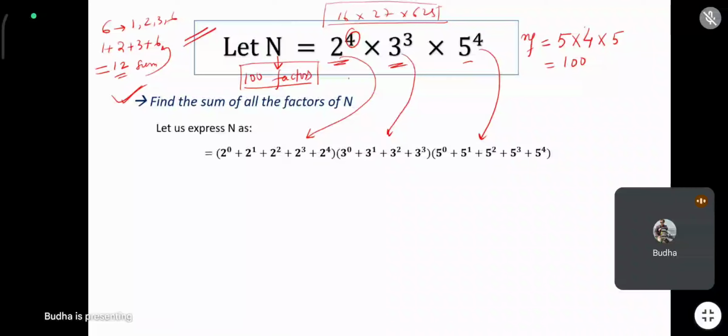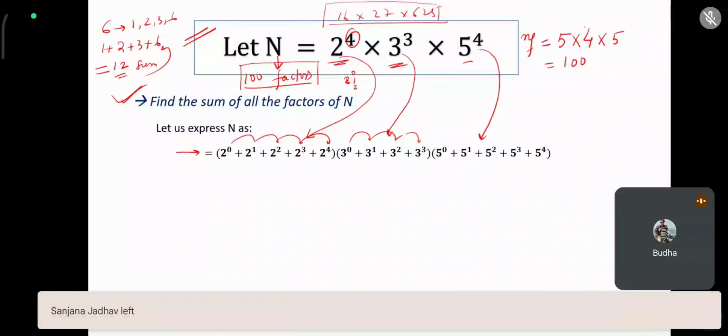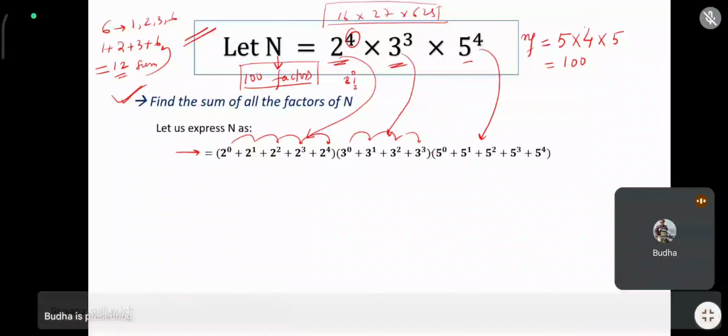Do you remember मैंने बोला था 2 raised to 0 power, 0 1 2 ऐसे करना है. So look at this. These are the powers incremented by 1 till the maximum power. 3 raised to 1, 2 and 3 cube. Same thing. If you can express ऐसे, ये सारे remaining problems को solve कर देगा.